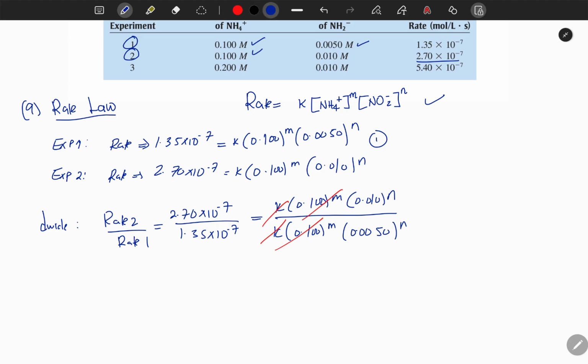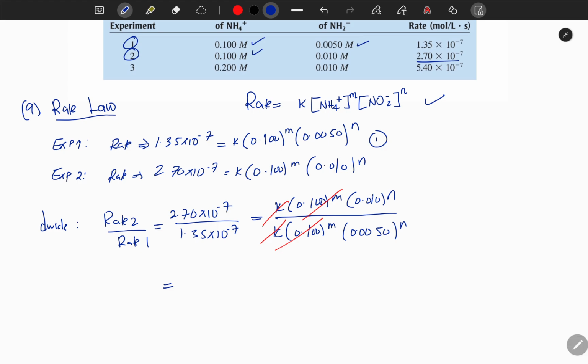Once they go, what do we remain with? We can now divide, so get your calculators. 2.7 times 10 to the power negative 7 divided by 1.35 times 10 to the power negative 7. Personally I'm getting 2.